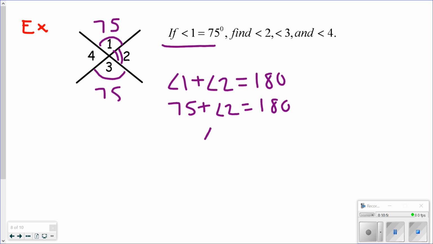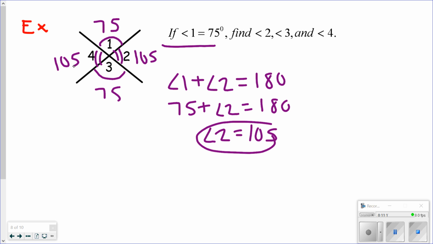To find angle 2, I'm just going to subtract 75 from each side, and I end up getting 105. So angle 2 is equal to 105. Well, if angle 2 is equal to 105, what does angle 4 equal? It's also going to equal 105 because they are vertical angles.